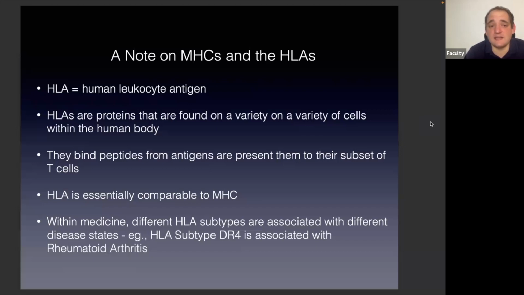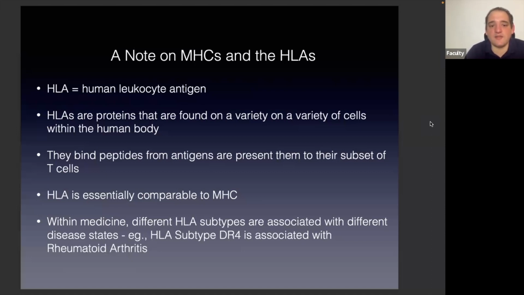HLA is human leukocyte antigen. It can be confusing if you see MHC and then you see it maybe referred to later as HLA. Basically, what the human leukocyte antigens are is proteins found within so many different cells of the body. The reason it's confusing is because MHC and HLA, even though they refer to different things, can be used interchangeably, more or less, within the literature.